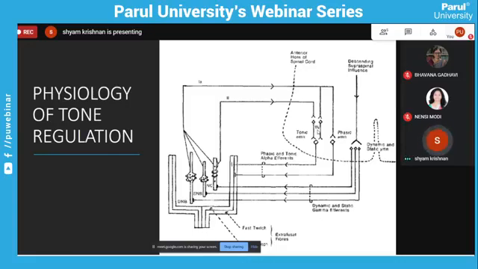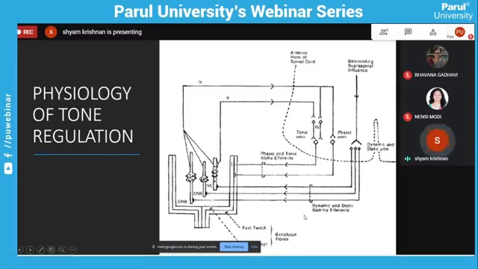The antagonistic muscle, when it is trying to contract, will inhibit the other muscle through an interneuron. If this reciprocal inhibition is lost, it also causes an increase in excitation of the alpha motor neuron system.